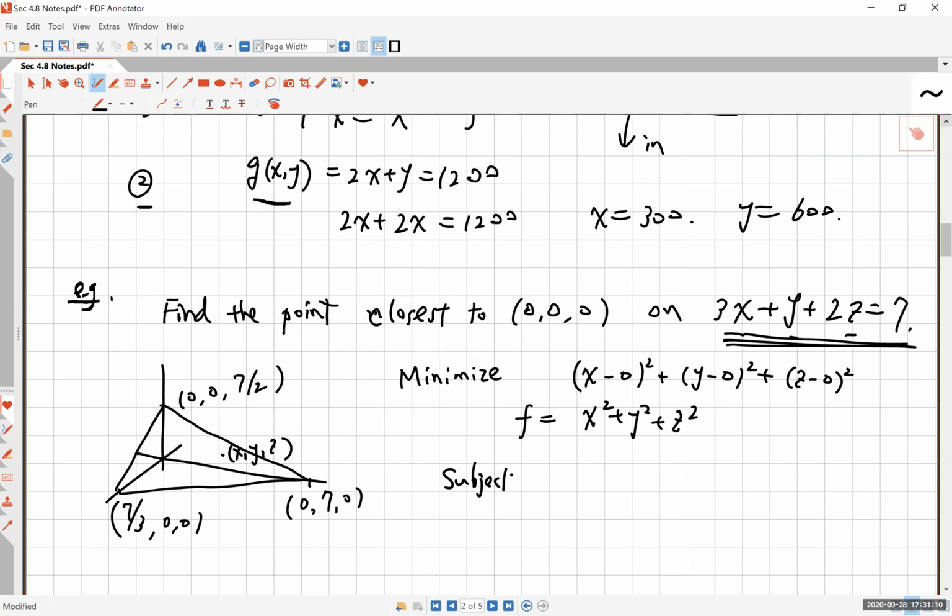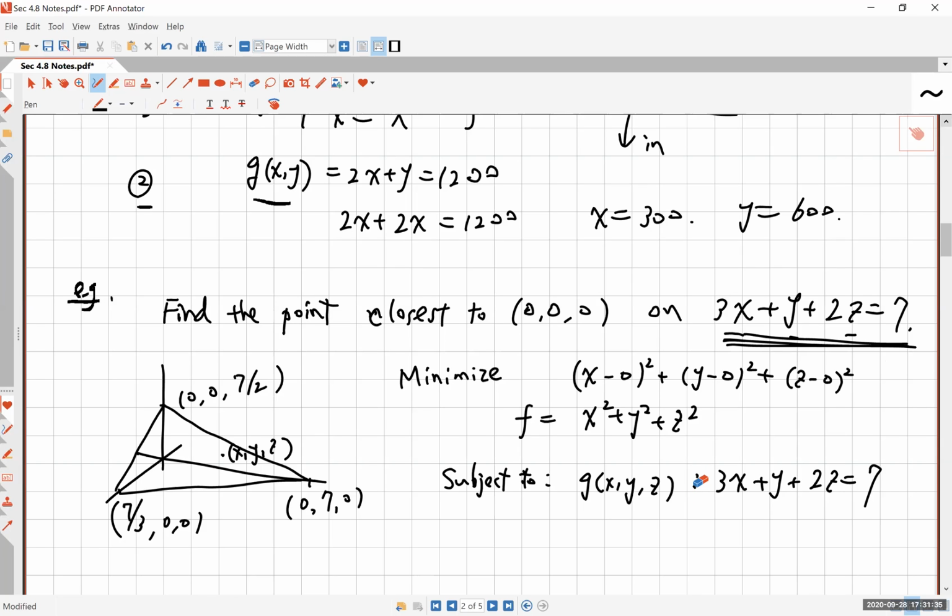Subject to the constraint, and the constraint is, you have one constraint with 3 variables, and that is that x, y, z has to be on this plane, i.e. 3x plus y plus 2z has to be equal to 7. Okay, so that is my constraint.